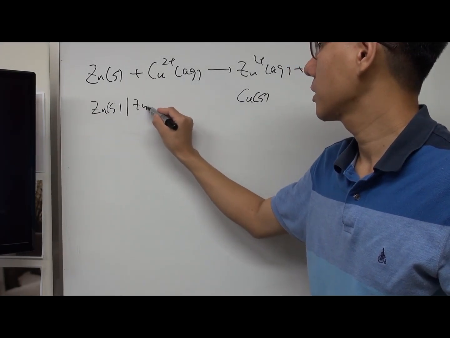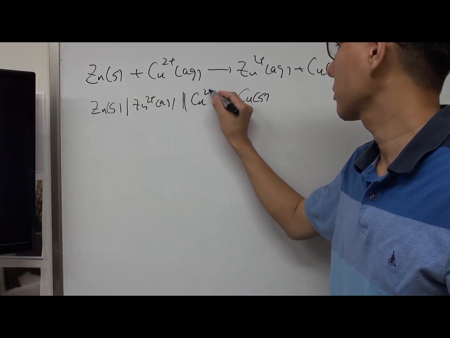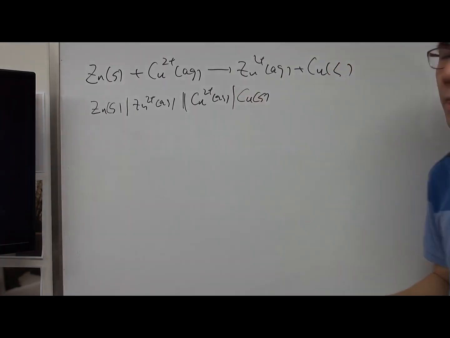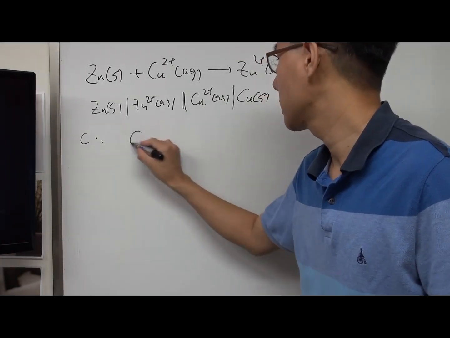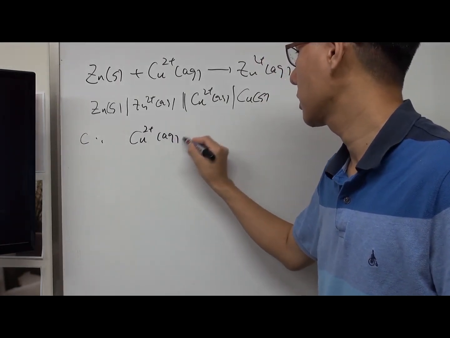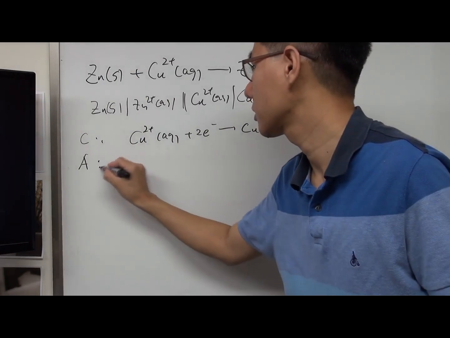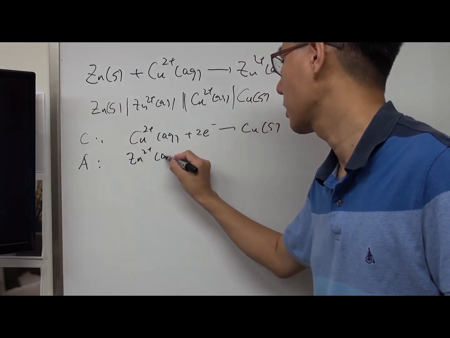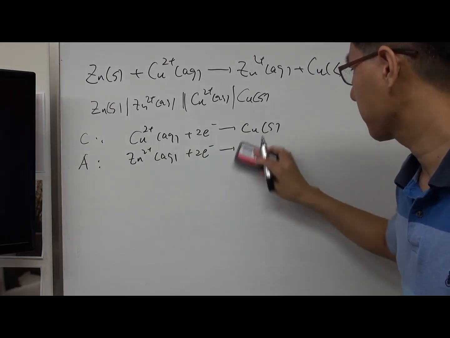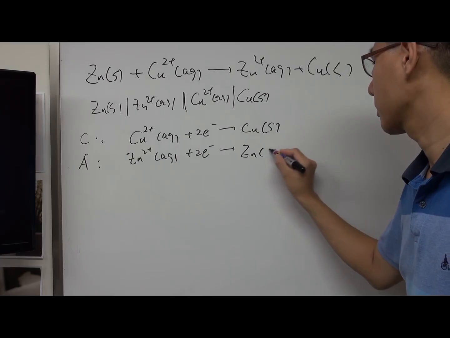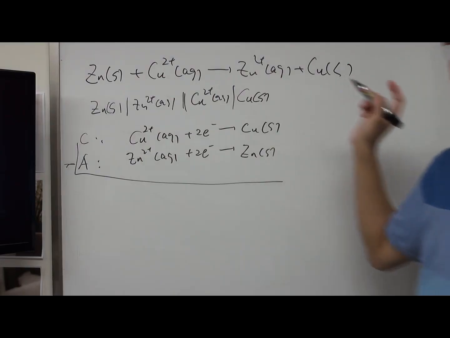Okay? And you write down the two half reactions. First, at the cathode, Cu2 plus, and then the anode, and you subtract it. Okay? Then you get this reaction, right?